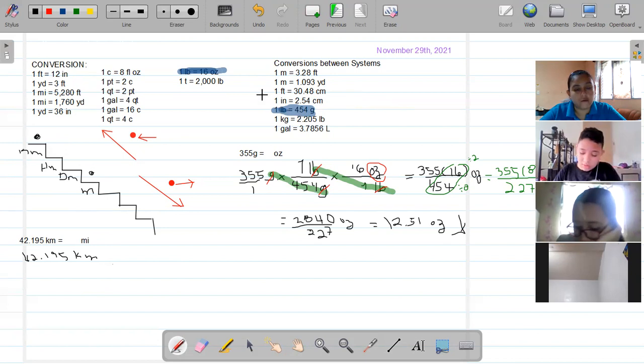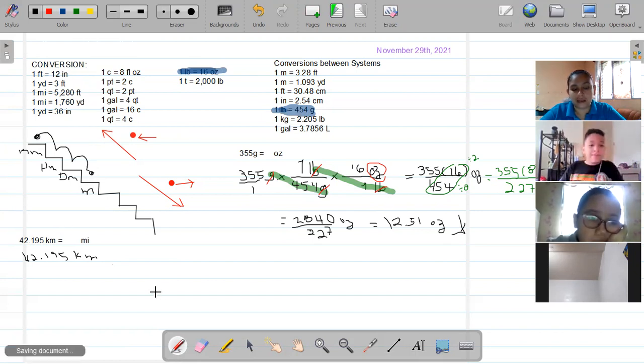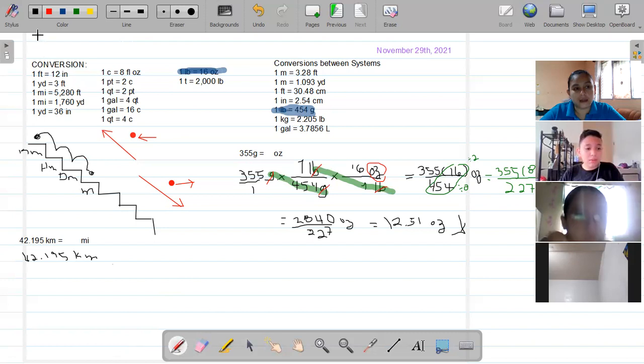Why? Because I have a conversion from meter to feet, from meter to yard, and then I have a conversion that goes from feet to miles or yard to miles. But first I need to have meters. So I'm going down 1, 2, 3 steps. So that means that I need to move my decimal point to the right 3 times. 1, 2, 3. Over here.